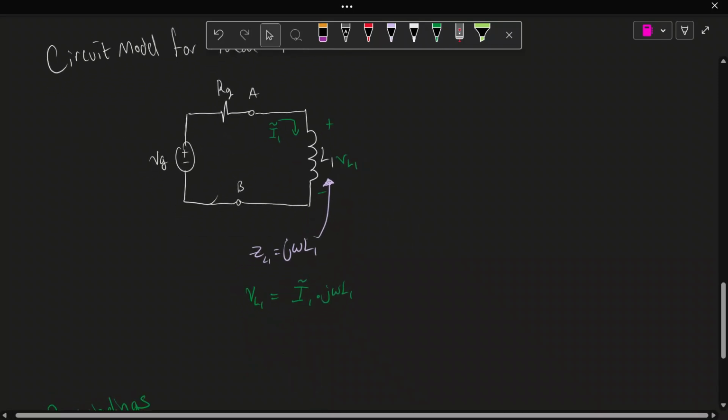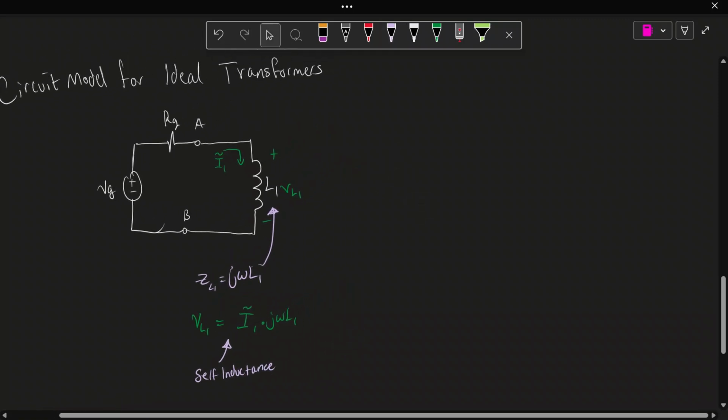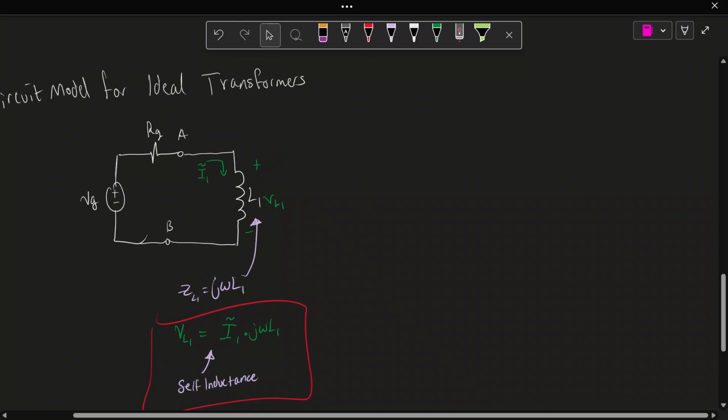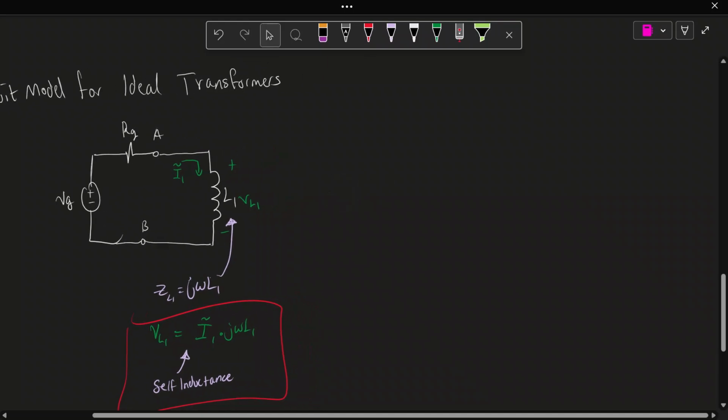This should be very familiar. This is what we're going to call its self-inductance. It's just the voltage across the inductor due to the current passing through it.